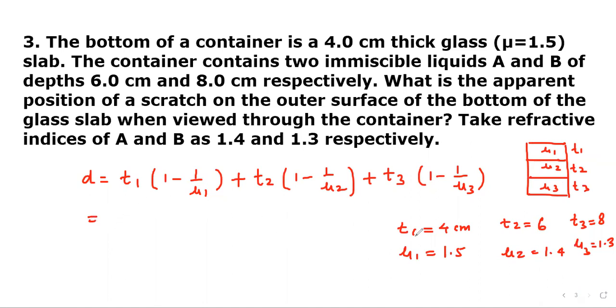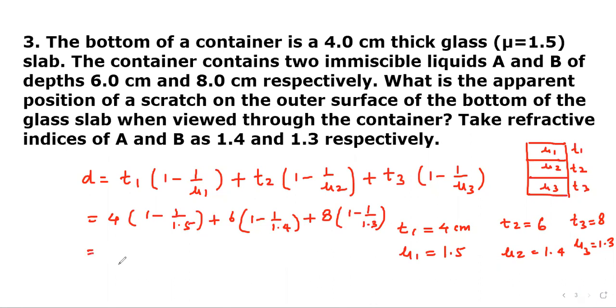So T1 equal to 4 times (1 minus 1 upon 1.5) plus T2 equal to 6 times (1 minus 1 upon 1.4) plus T3 equal to 8 times (1 minus 1 upon 1.3). Now let's simplify.